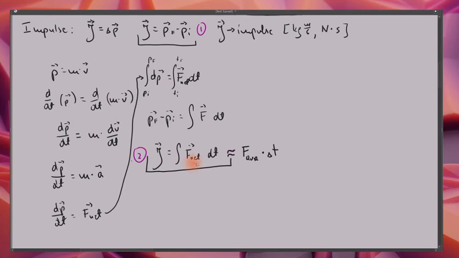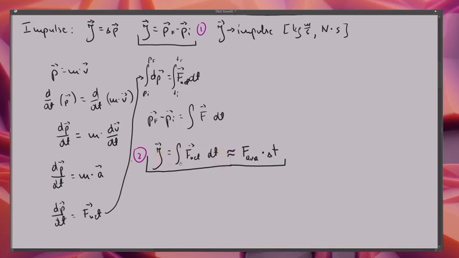You can approximate an integral here with some average force times the time during which the whole collision takes place. In 1201, when I teach this, I only show them this equation. But here we can see the whole proper expression.